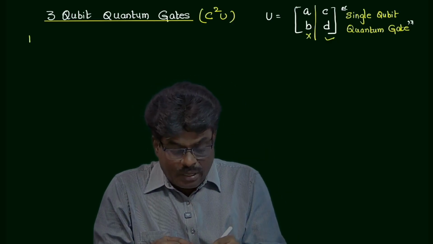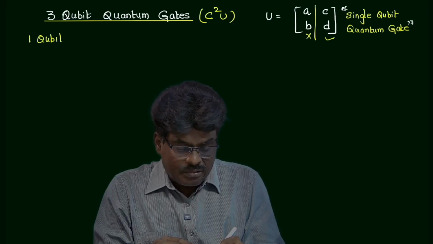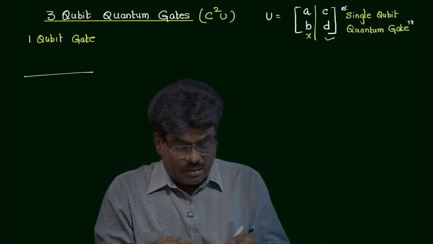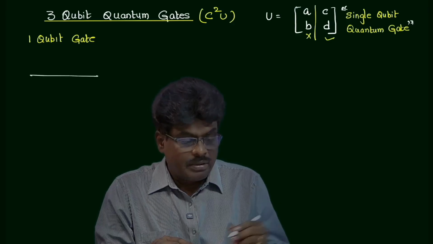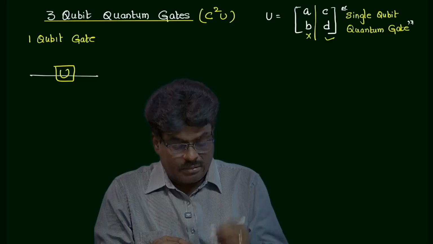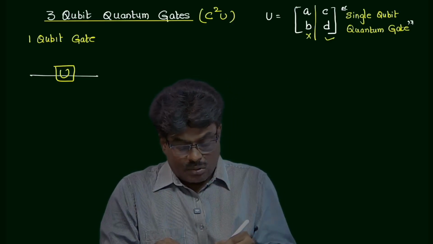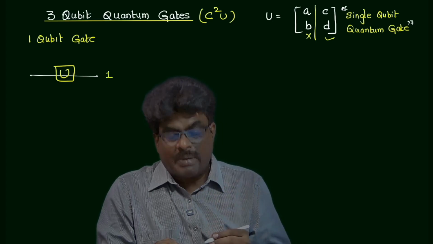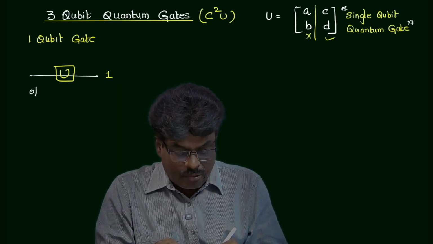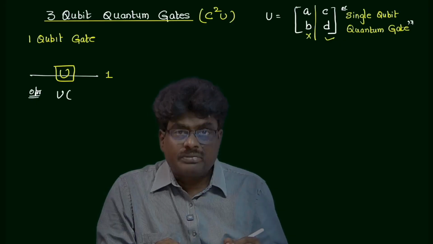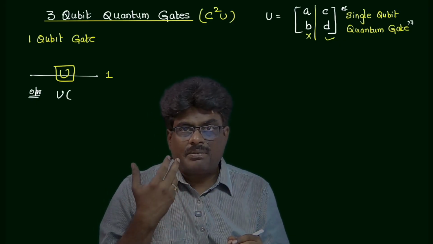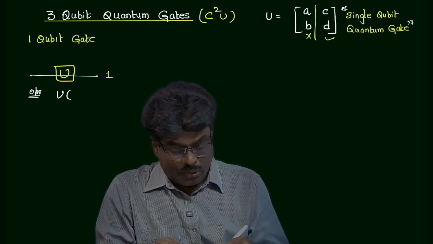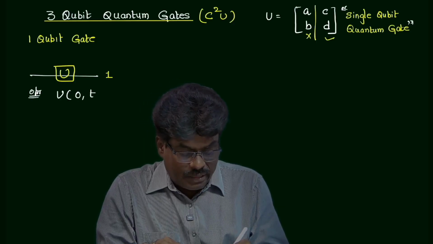For example, you have a single qubit gate. That means this is the qubit state we have, and this is the single qubit gate. There is only one qubit state, that's why we write it as 1. The operation is represented by U of, it may be X gate or S or T or anything, it may be H. So U of 0 comma t, t for target.